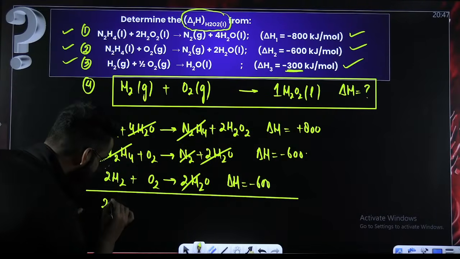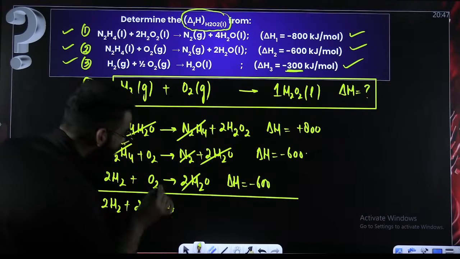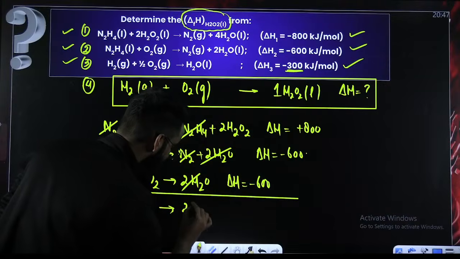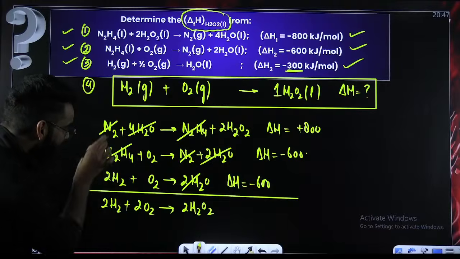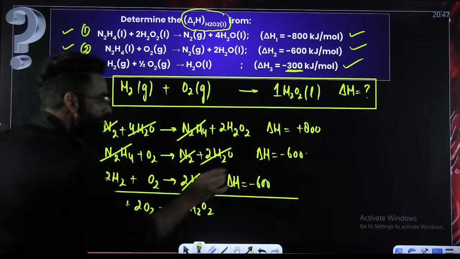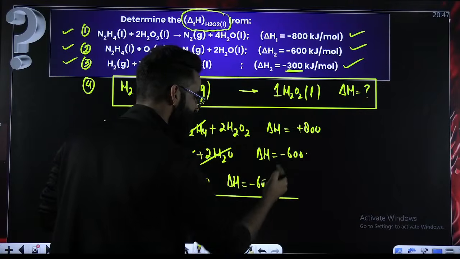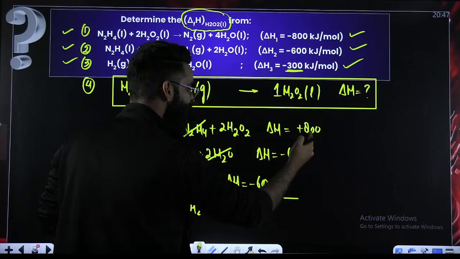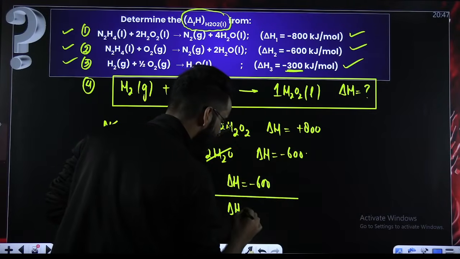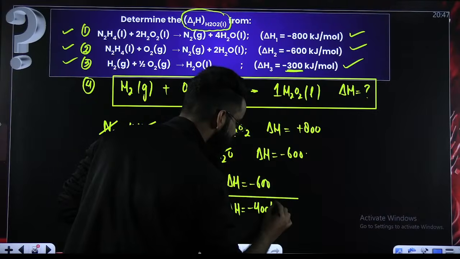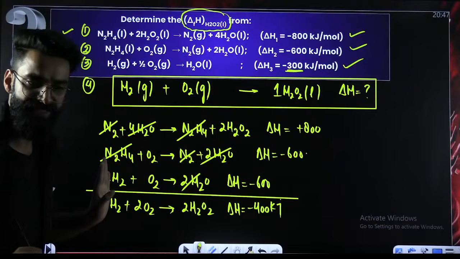I'm left with 2 times H2 plus O2, which gives 2 times H2O2. I made this equation by adding them, so I have to add their delta H as well. Delta H for this final reaction will be 800 plus minus 600 plus minus 600, so delta H will be equal to minus 400 kilojoules.